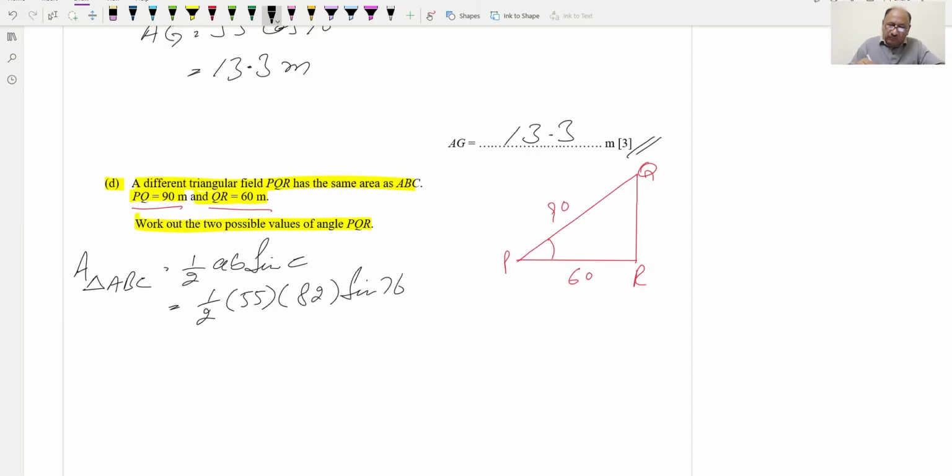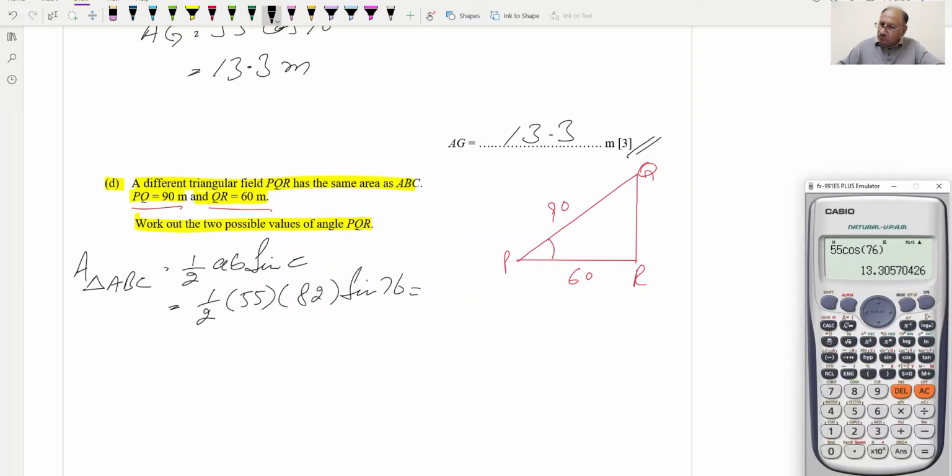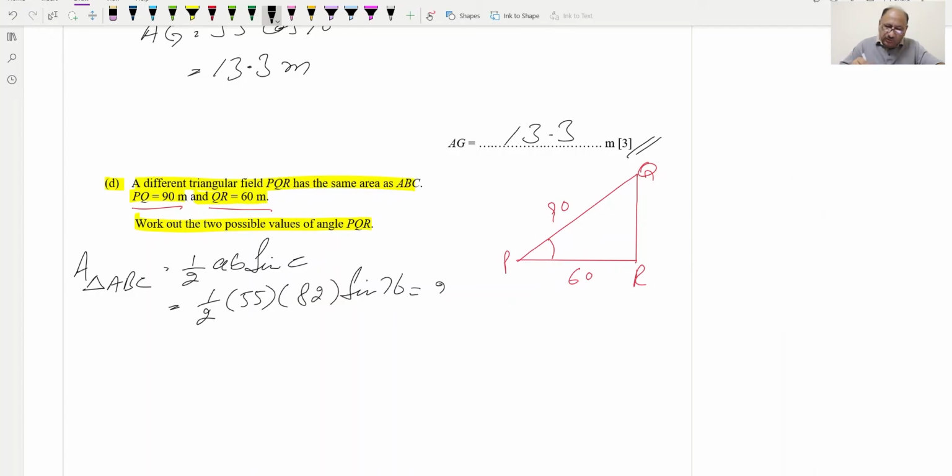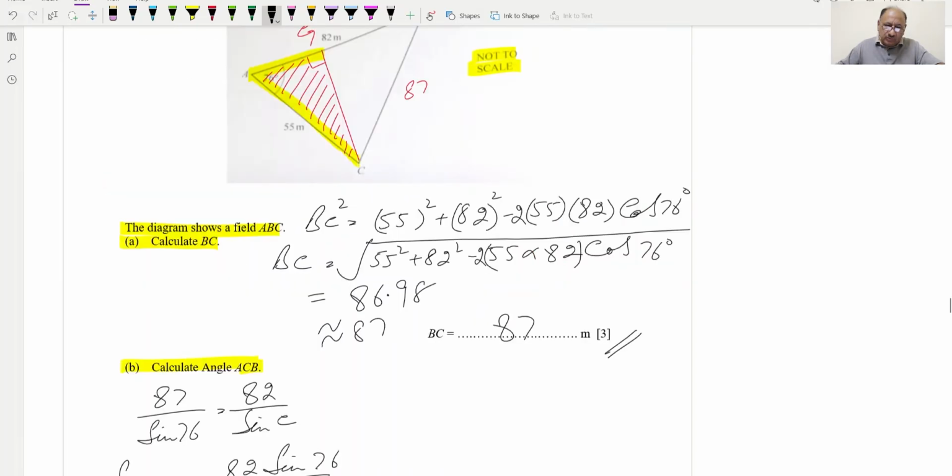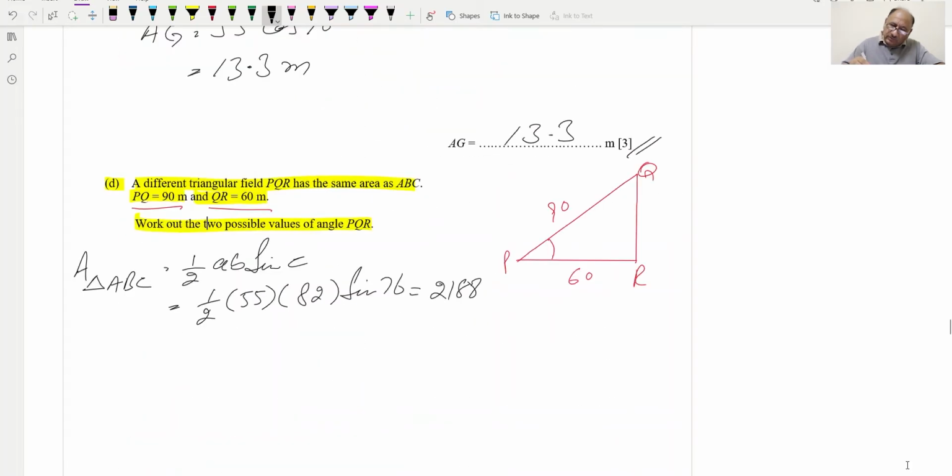We will calculate 0.5 into 55 into 82 sine of 76 bracket close, and the answer is 2188, and this is in meters, so meter square.